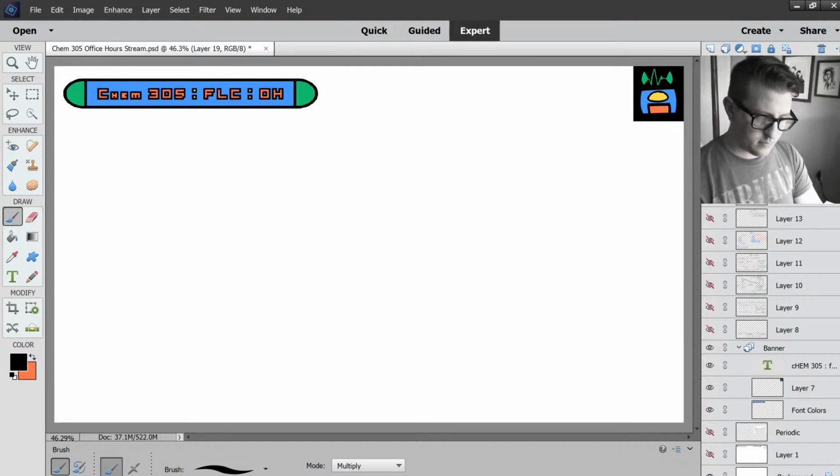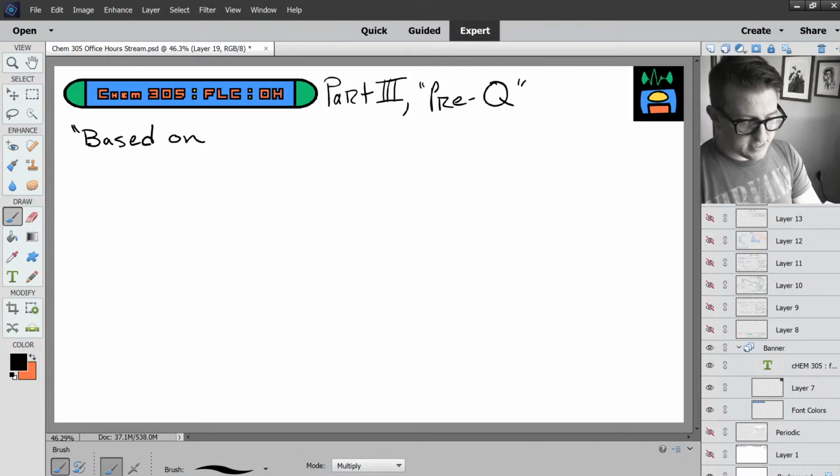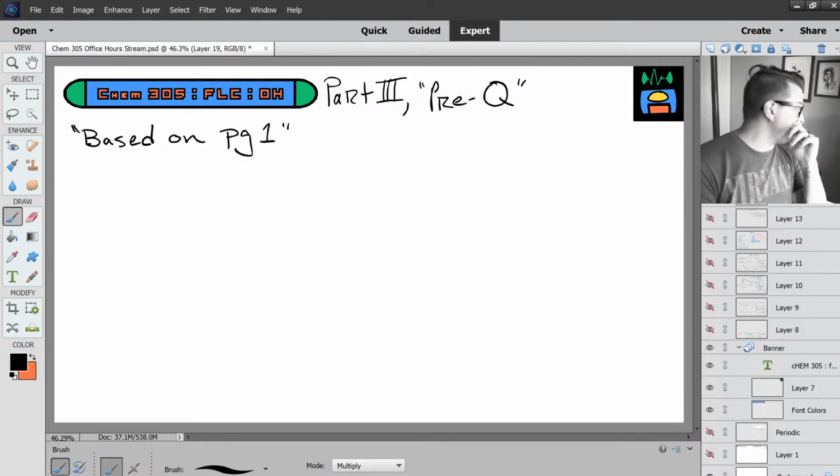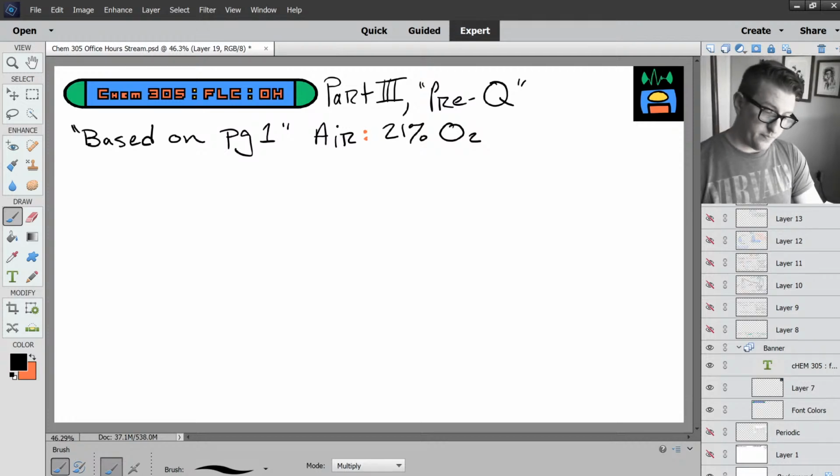So this is part 3. The pre-question. That part where it says based on page 1. I took a look at page 1, and the most relevant piece of information that I could spot was this: air is 21% O2, right?